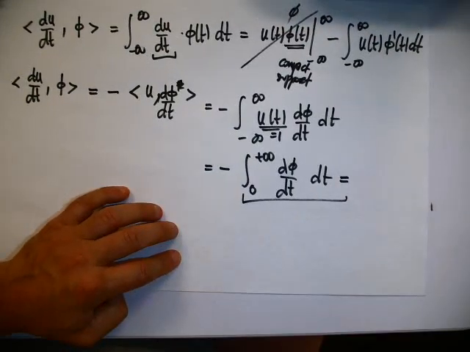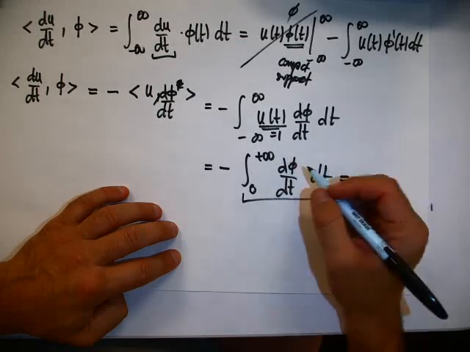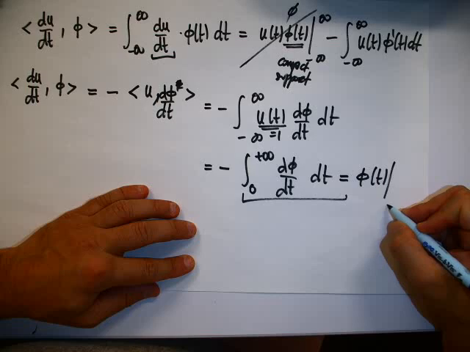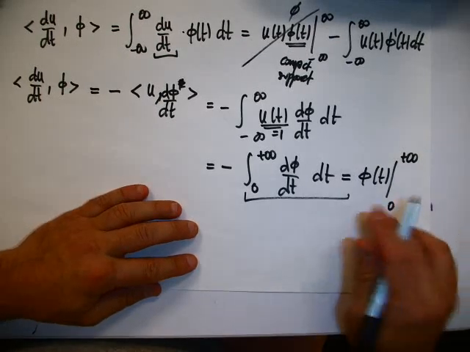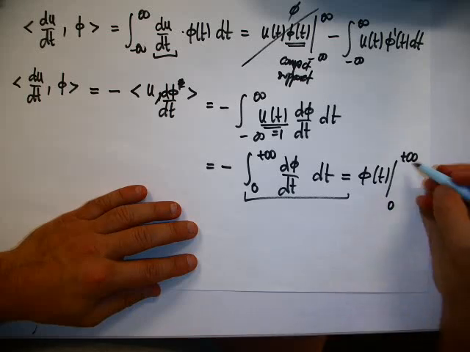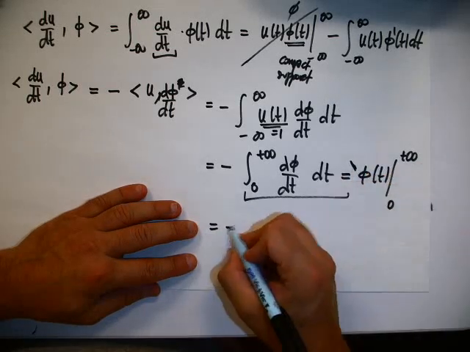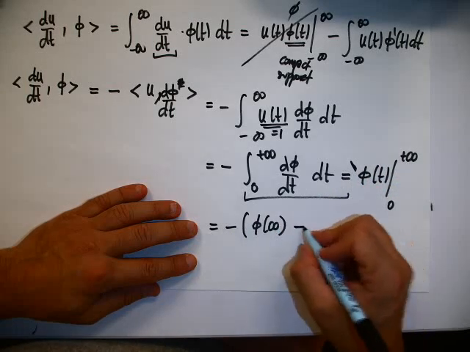It's an easy solution because the antiderivative of this integral is the test function itself. So I have minus phi(t) between 0 and infinity. Now phi is defined on a compact support, so the value at infinity, this is equal to minus phi at infinity minus phi at 0.